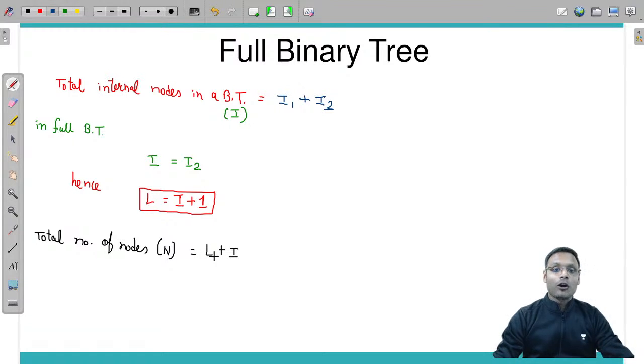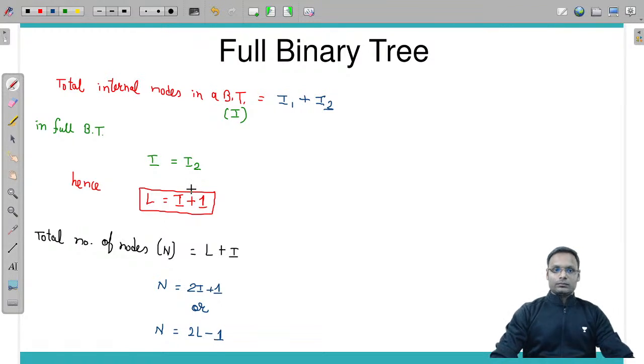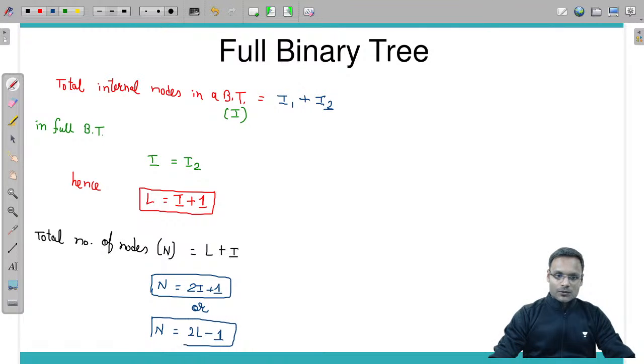Put the value of L here, so you will get N is equal to 2I plus 1. In fact, if you put I is equal to L minus 1, it becomes N is equal to 2L minus 1. So N is equal to 2I plus 1, N is equal to 2L minus 1.